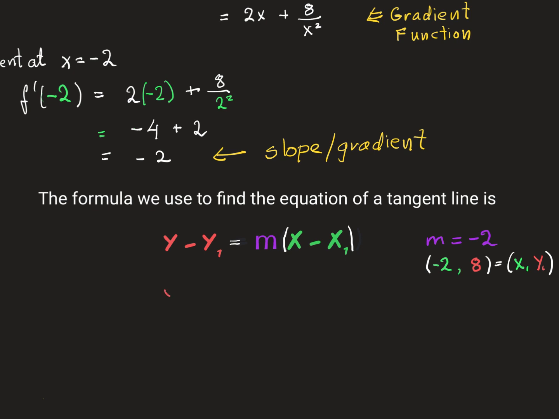So we have y minus 8 is equal to m, which happens to be -2, and x minus -2. Okay, just rewriting it again. y minus 8 is equal to -2 times x plus 2.